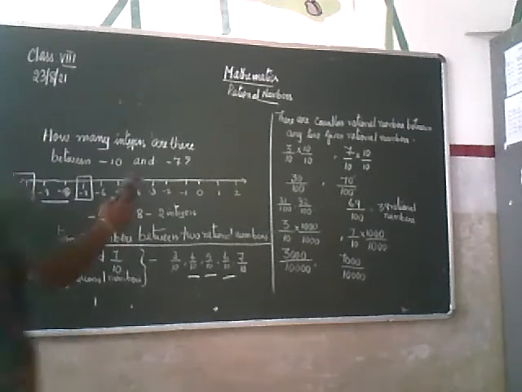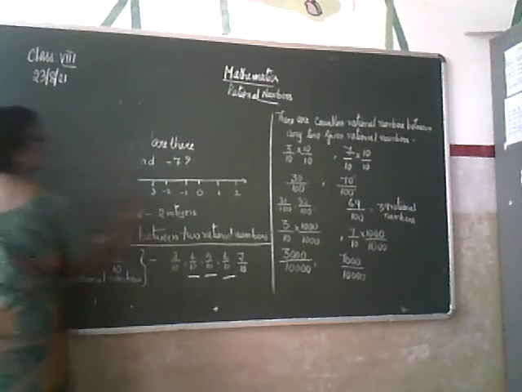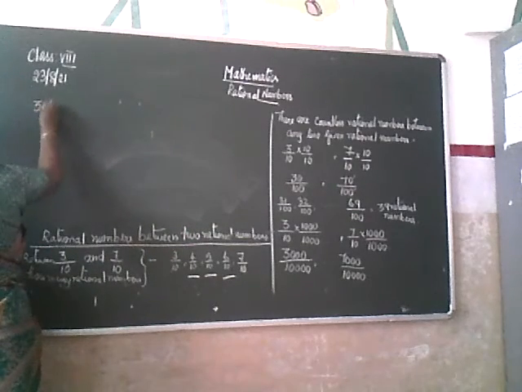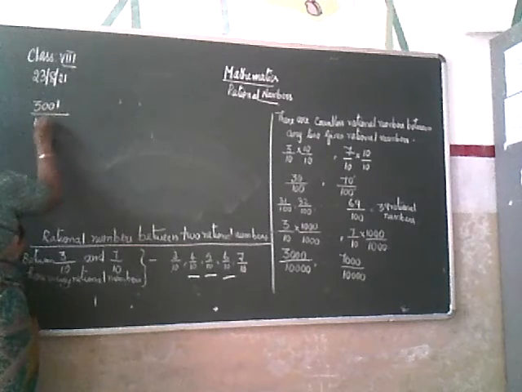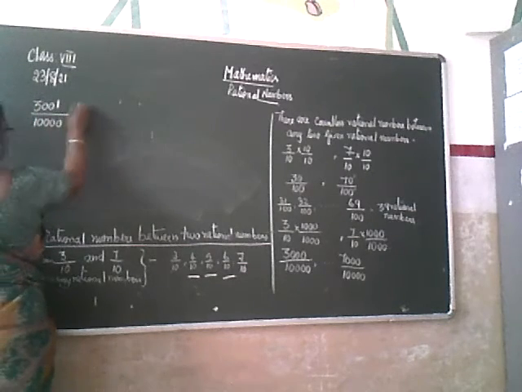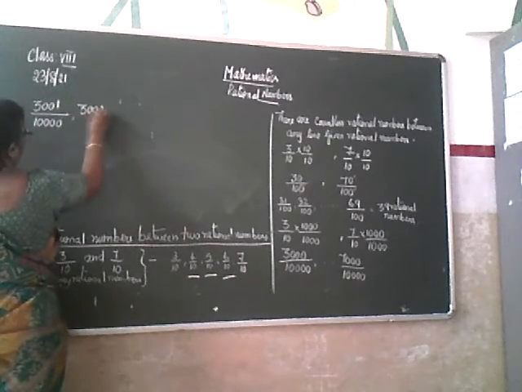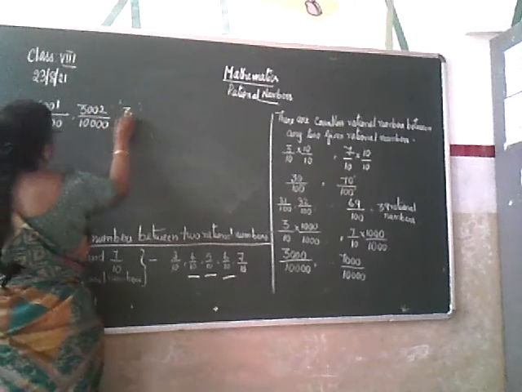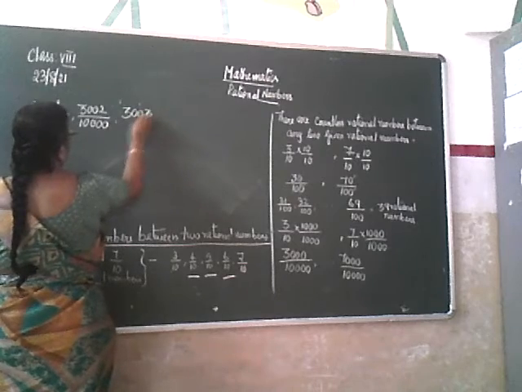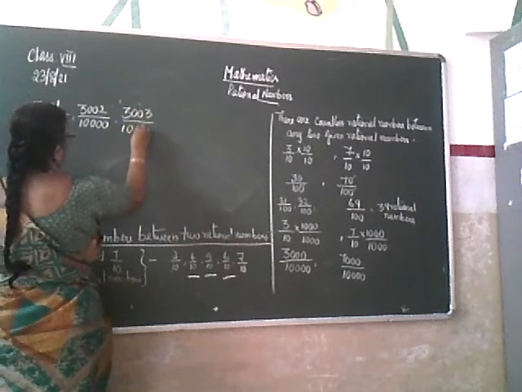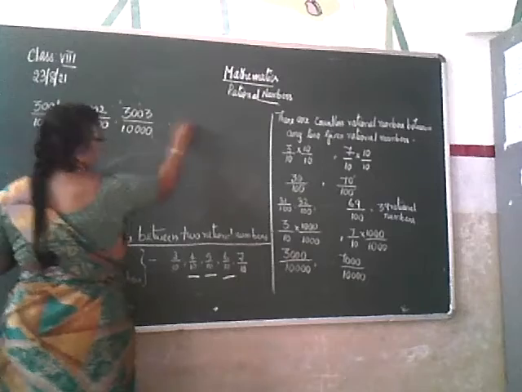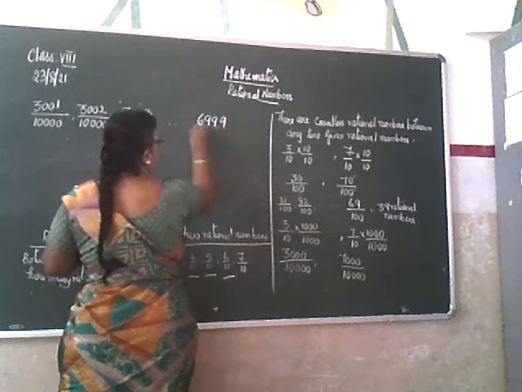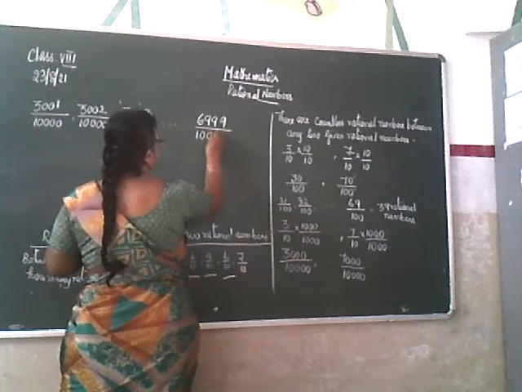Yes, you can write 3001 by 10,000, 3002 by 10,000, 3003 by 10,000, up to 6,999 by 10,000.